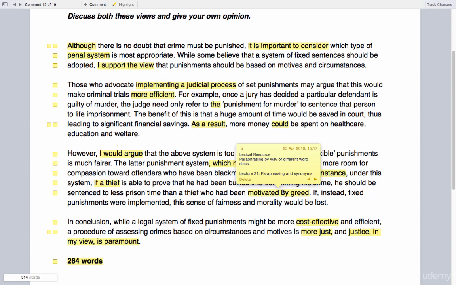So you can learn about paraphrasing and synonyms in Lecture 21, which will help us to address the requirements for lexical resource. Finally, if instead fixed punishments were implemented, this sense of fairness and morality would be lost. You can see another conditional being used there.